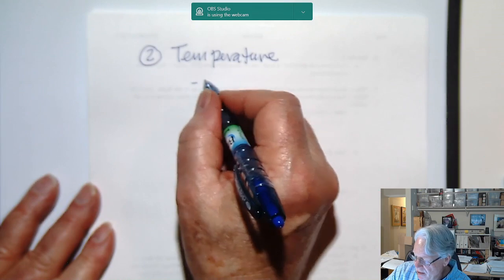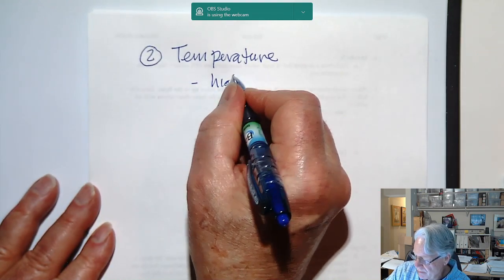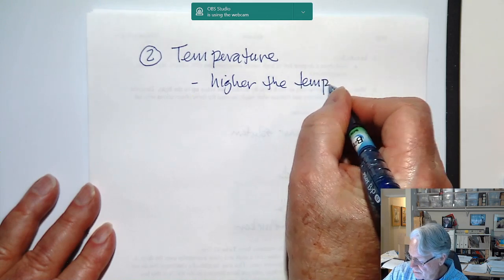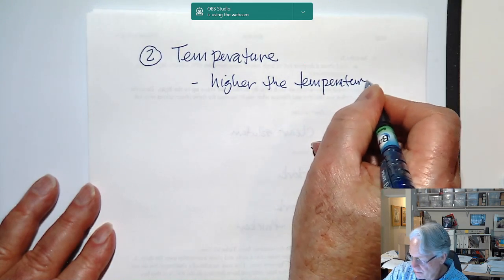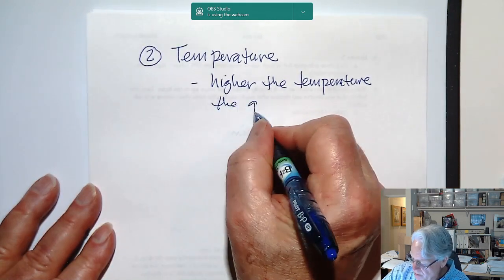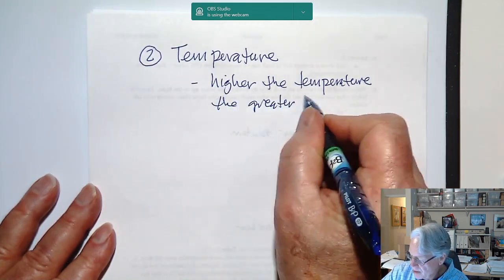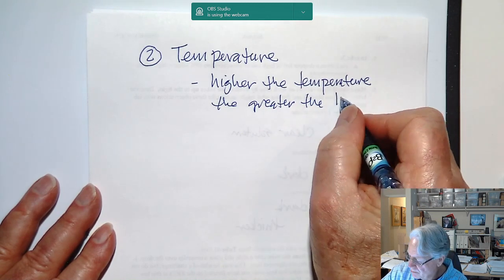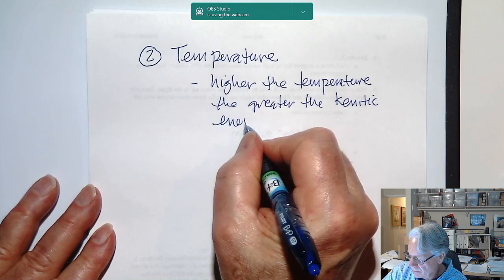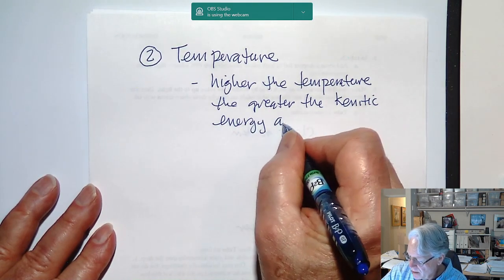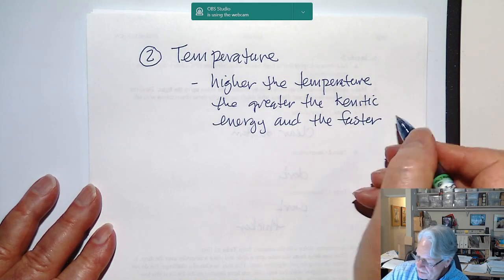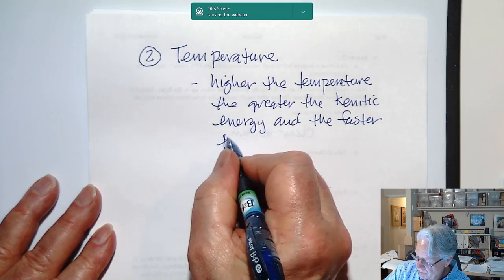So we can say that the higher the temperature, the greater the kinetic energy, and the faster the rate of diffusion.